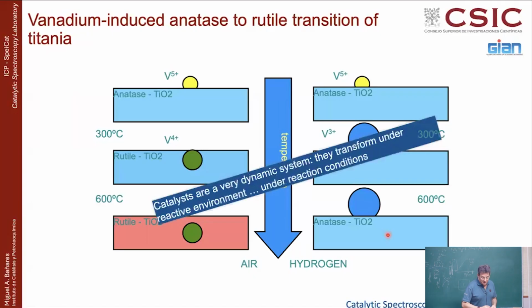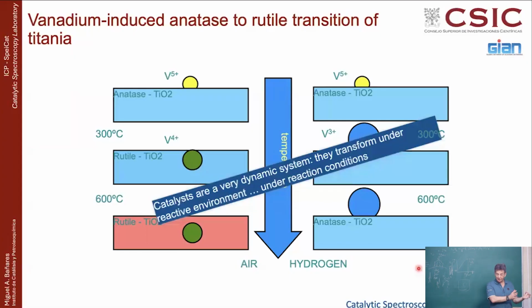And now this is a key message, because if you realize, this is something very interesting. During catalysis, what is happening? Are we in air? Not exactly. Are we in hydrogen? Not exactly. What are we doing during catalysis in ethane ODH? Well, we are doing a redox cycle. The catalyst is being reduced and reoxidized.